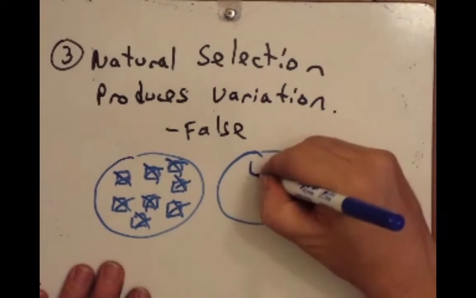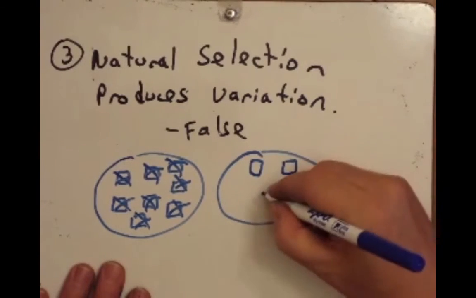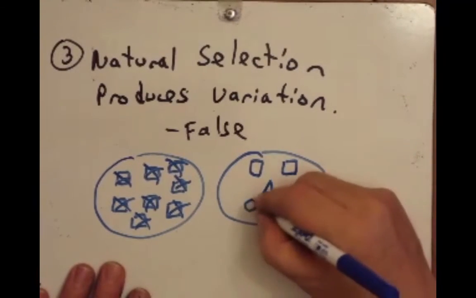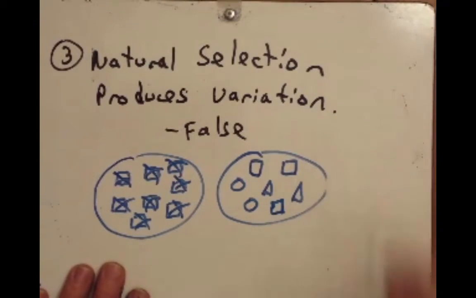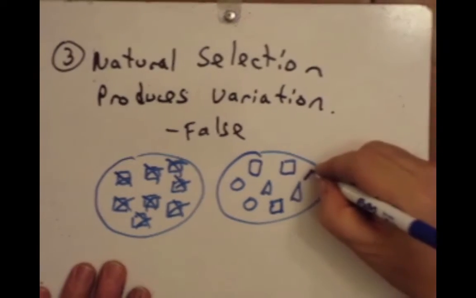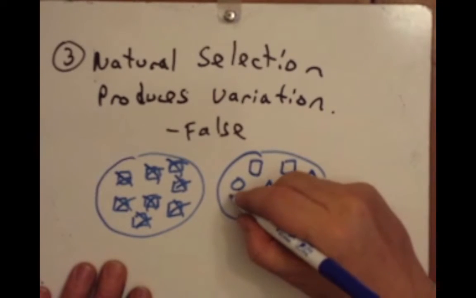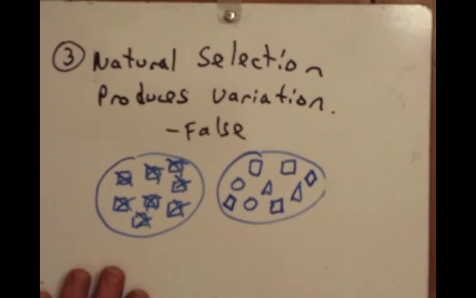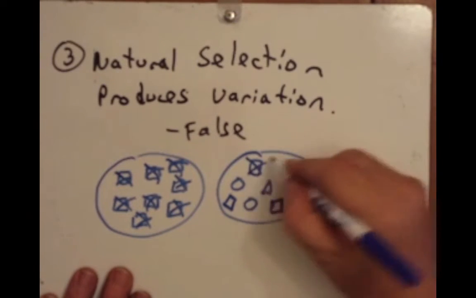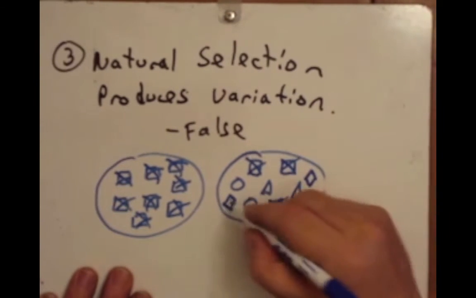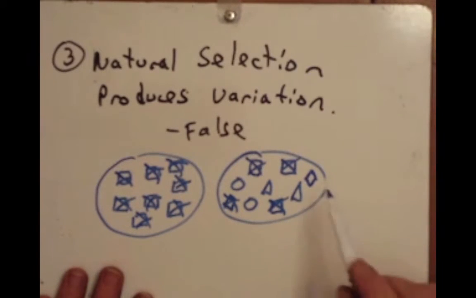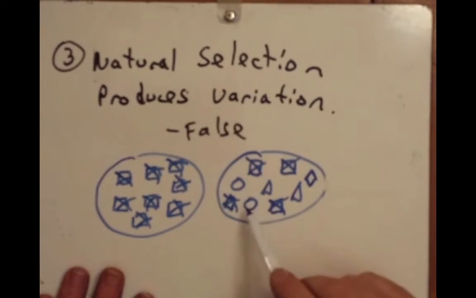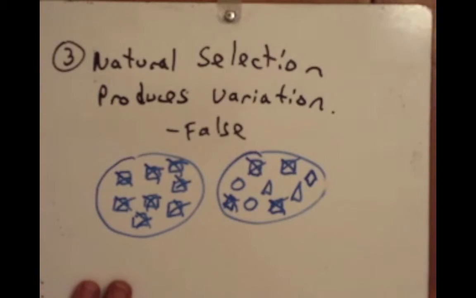However, if you have a population of squared individuals, triangle individuals, circled individuals, squared, let's see, what other shapes can we make? Maybe a diamond. Because there is this variation, when natural selection acts against the squared individuals, it actually reduces the variation in this population, but because of this variation, the population continues to survive.